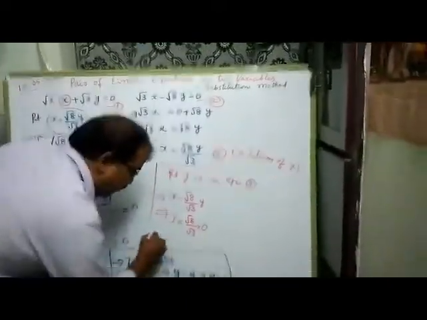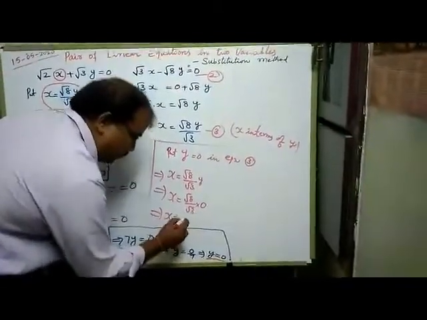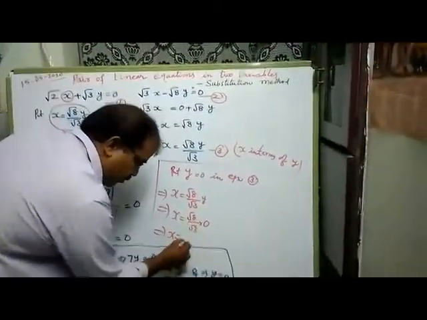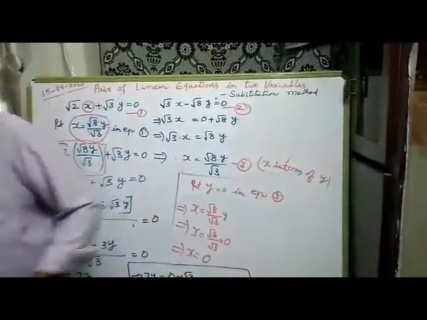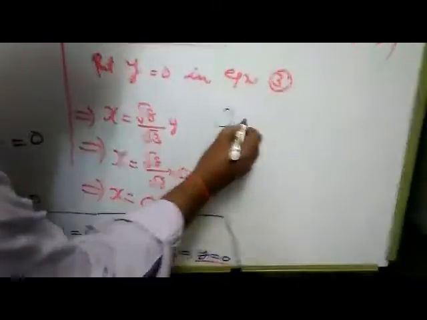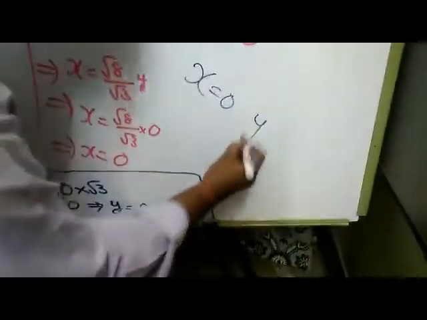That implies x is equal to 0, since anything into 0 is 0. That's what I got, x is equal to 0. Finally I got x is equal to 0 and y is equal to 0.